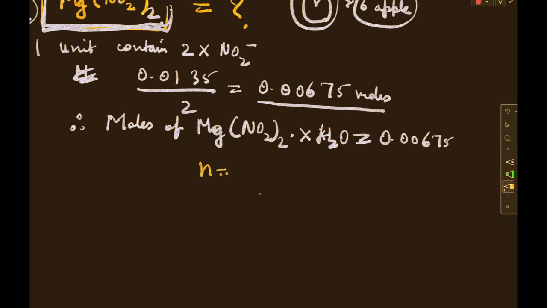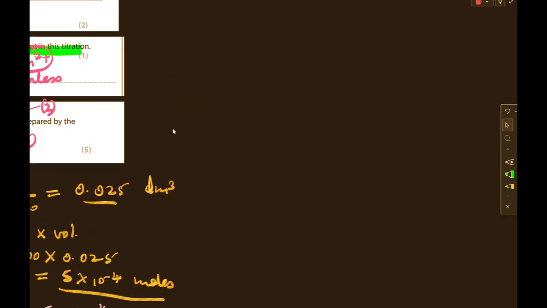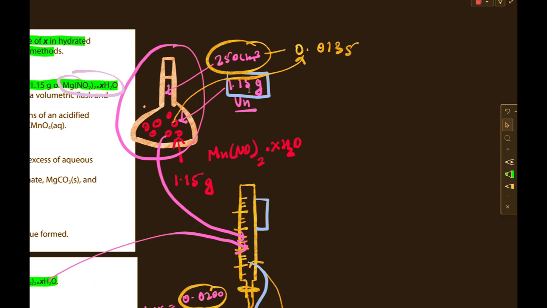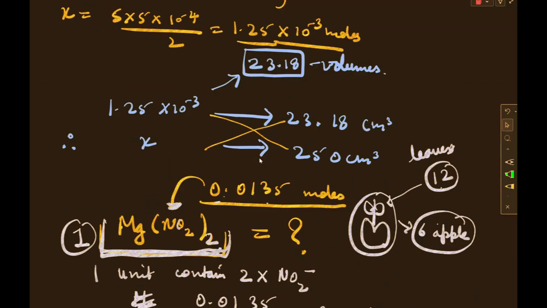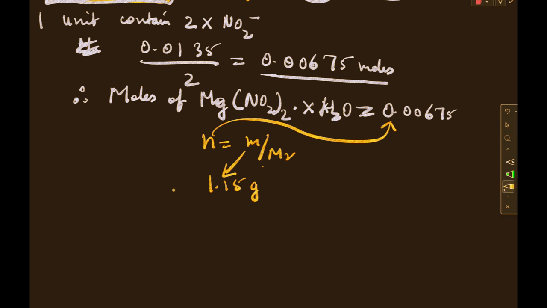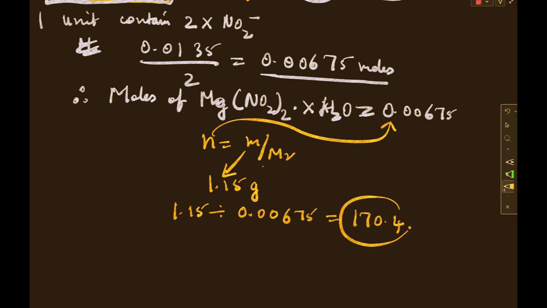If you know n equals m over Mr, the number of moles you just calculated, the mass was given in the question at the top, which is 1.15 gram. How do I know? I will show you my picture. See, the actual mass I added was 1.15 gram over here. So I got the mass from there, and I simply put that in my equation, and I got 1.15 divided by 0.00675, and that gives me 170.40 as the Mr.